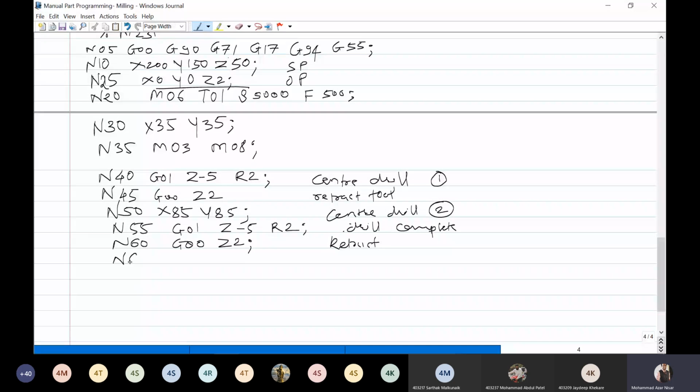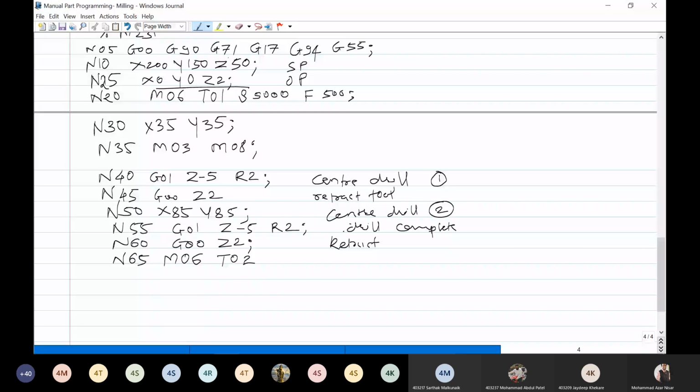So N65 M06 P02. Before this, you can include the homing position to change this tool.